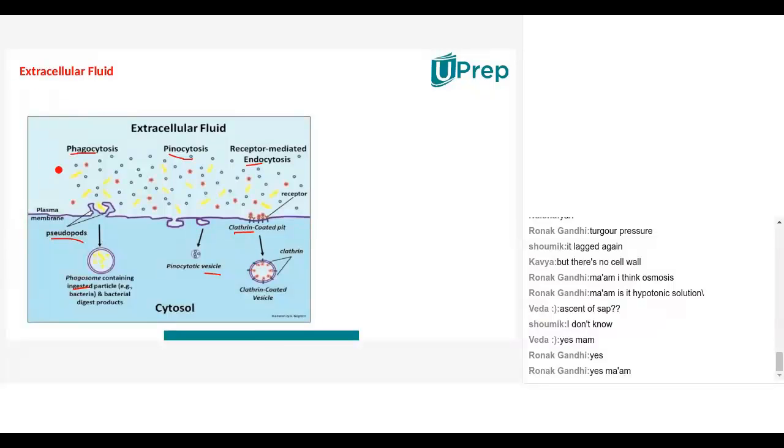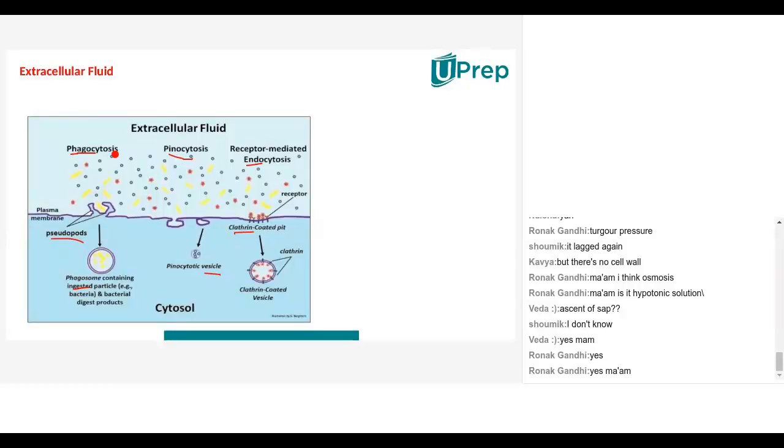So here we discussed three processes by which a cell will take in food material, either in the form of solid particles, or in the form of liquid matter, or through receptors. Each process is termed with different words.